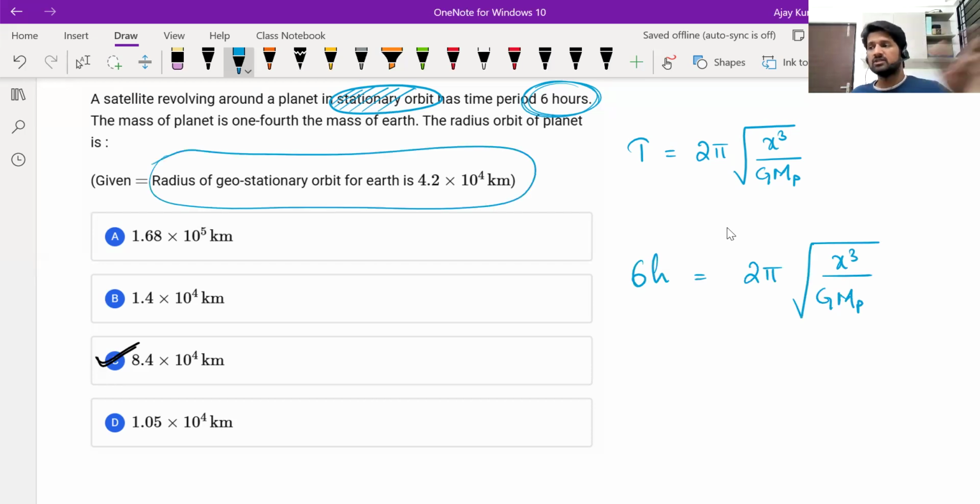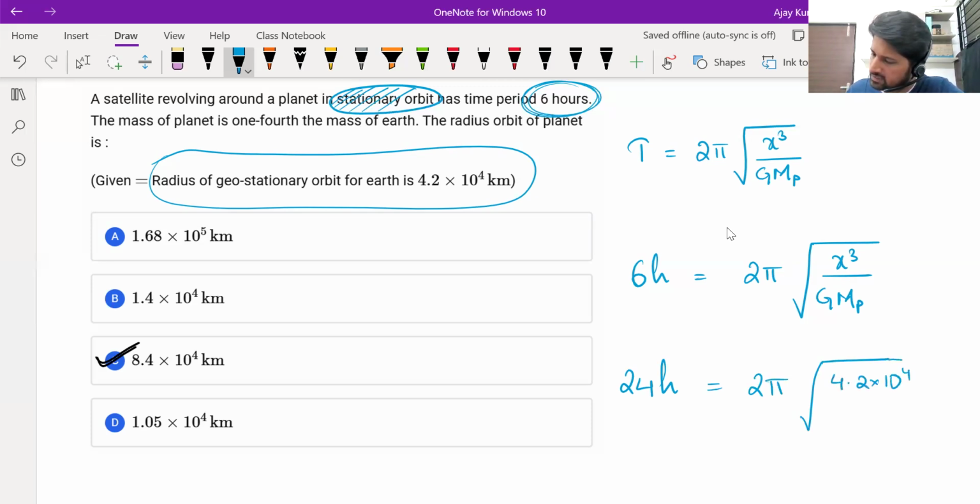Now, geostationary means the satellite's time period should be equal to the time period of rotation of the planet. We know Earth's time period of rotation is 24 hours. So for a geostationary satellite around Earth, 24 hours should be equal to 2 pi under root, geostationary orbit radius 4.2 into 10 power 4 kilometers, cube, divided by G into mass of Earth.